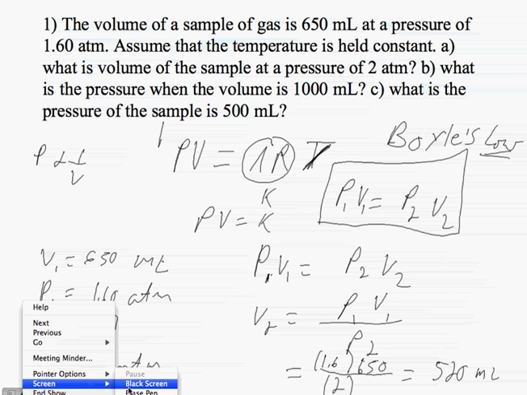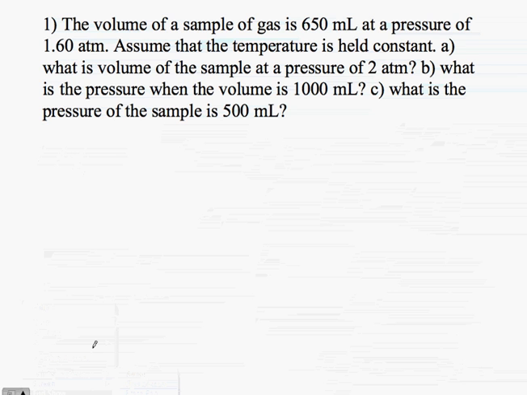Okay, let's look at part 2 of this equation. It says, what is the pressure when the volume is 1,000 milliliters? So again, if it's 1,000 milliliters, we want to have our P1, which is equal to 1.6 atmospheres. We want our V1, which is equal to 650 milliliters. Our P2 is in question now.